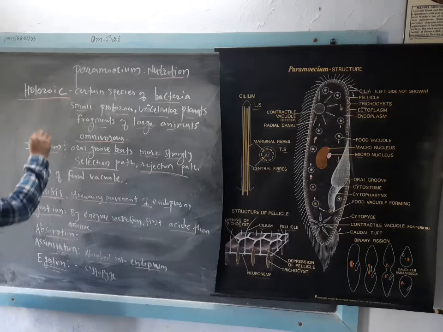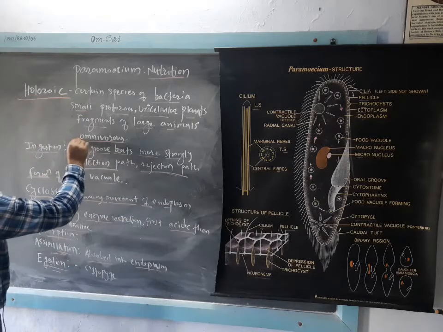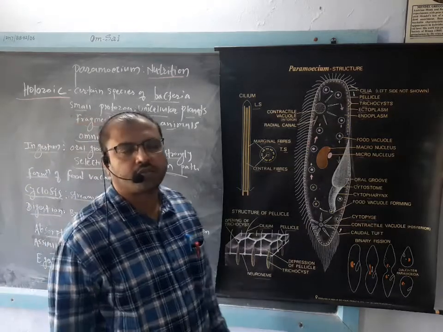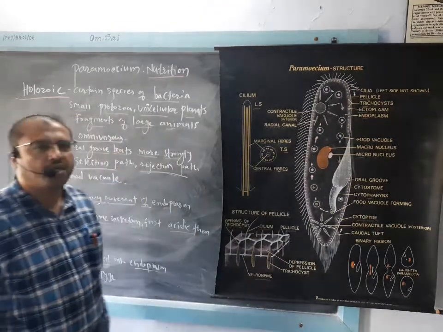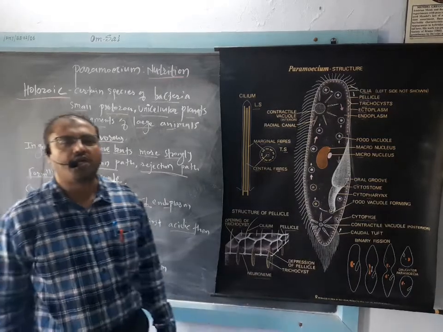And as you know, Paramecium is holozoic in its mode of nutrition. It is omnivorous in diet, feeding on unicellular plants as well as animals. That's why it is called an omnivorous animal.